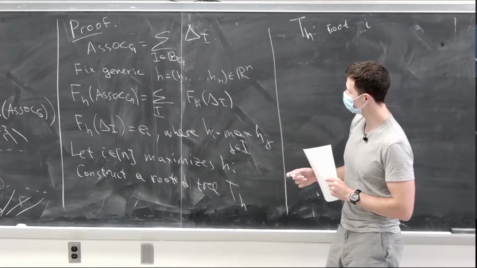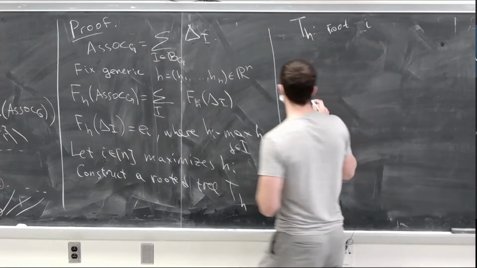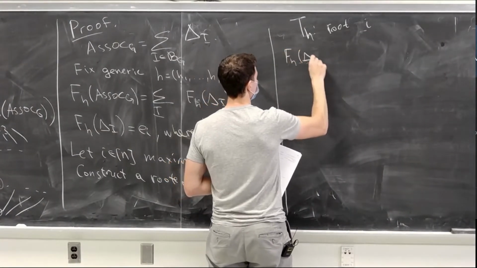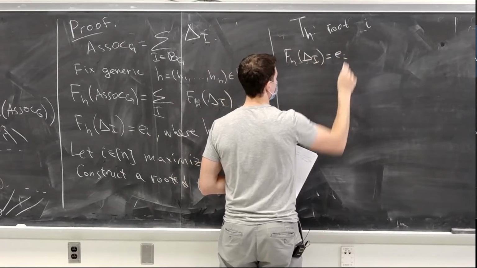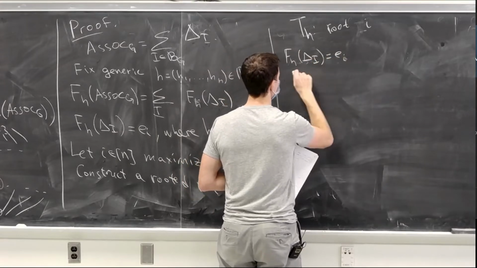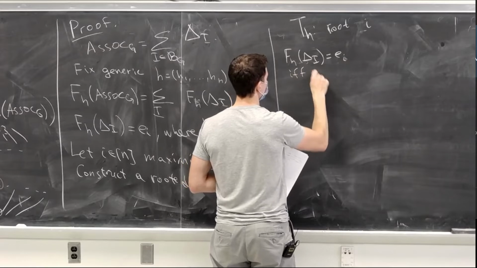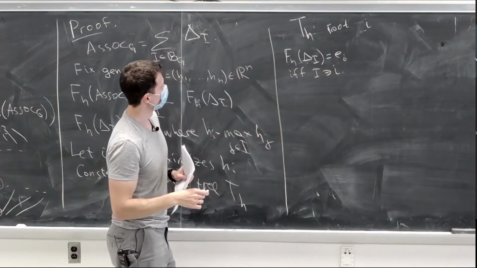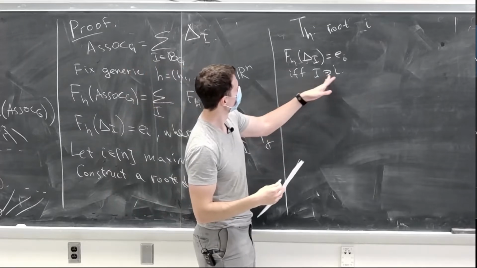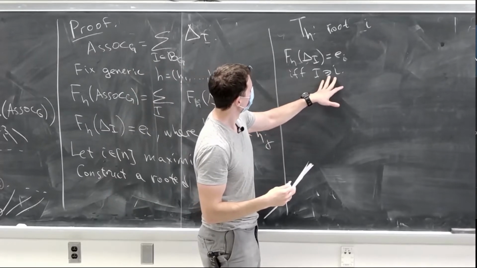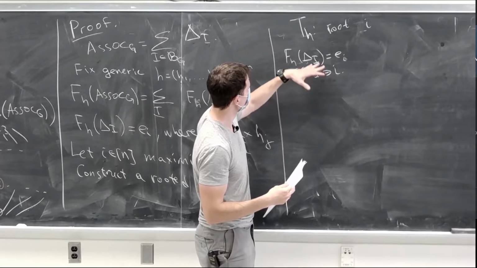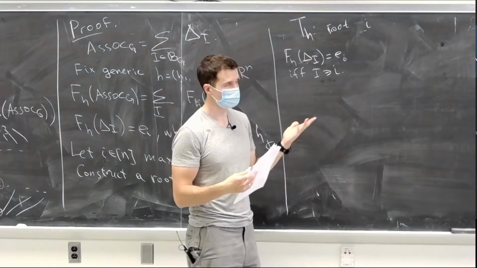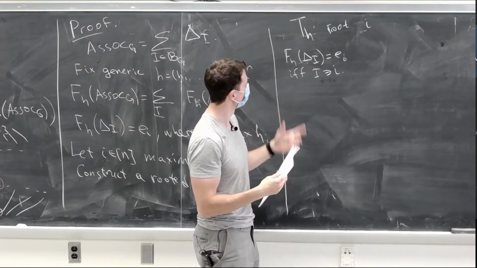So basically f_h of delta capital I is e lowercase i whenever capital I contains little i. In particular, I only need to consider connected subgraphs which don't contain i, so I can remove i from my graph.